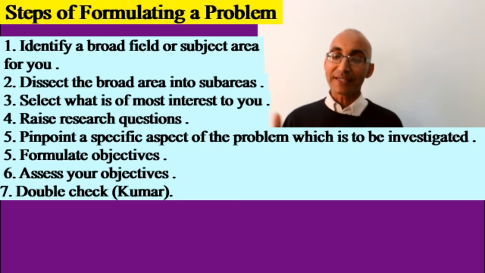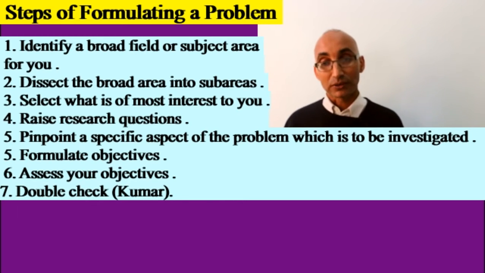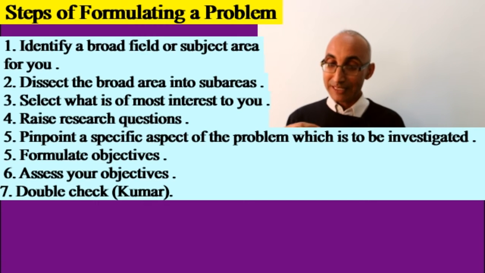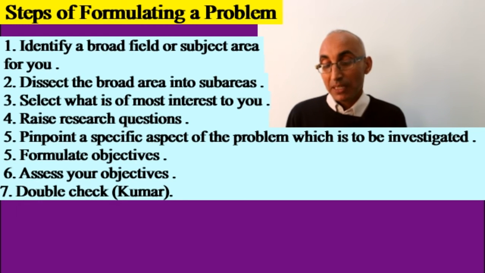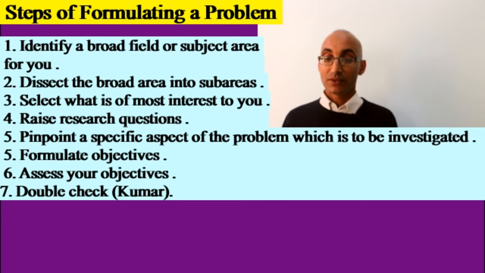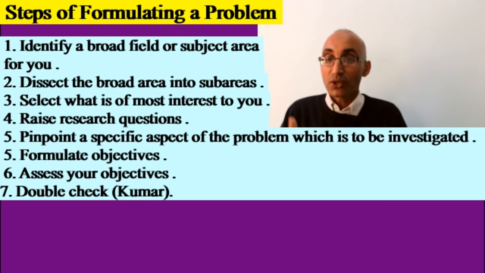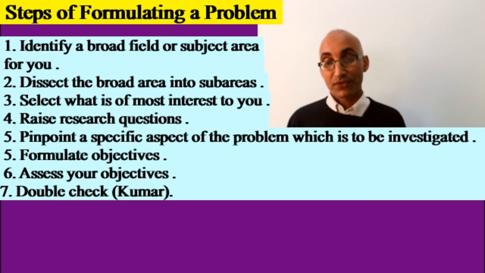Right. Then after that, the next step is to raise research questions about this particular point which interests you to study. For example, here I will investigate maybe the causes of disruptive behavior in education. You will narrow more and more the scope of your research until you reach your problem. Clear? Then also, you formulate your objectives.